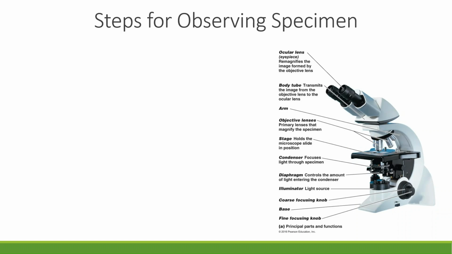This arm is what supports the objective lenses and the prism and the ocular lenses here. The prisms are housed inside of what we call the body tube, shown here. And here again are our ocular lenses. There's two of them.